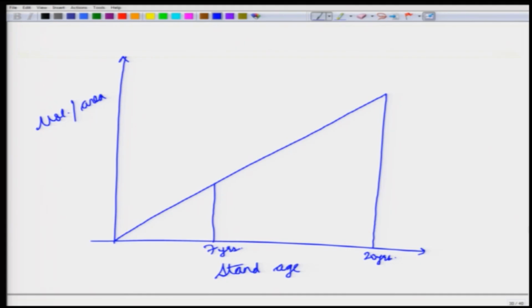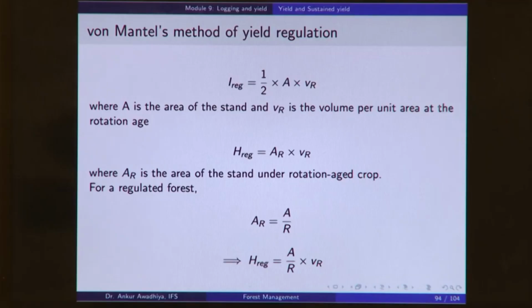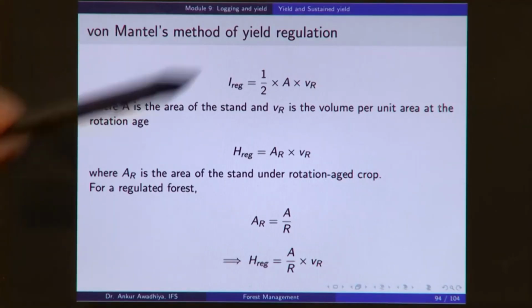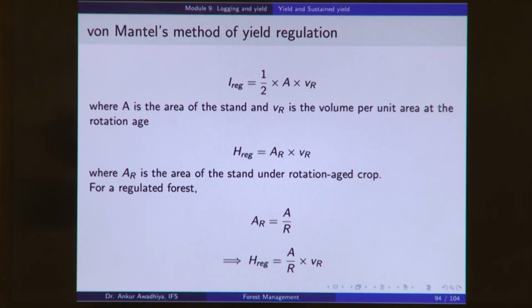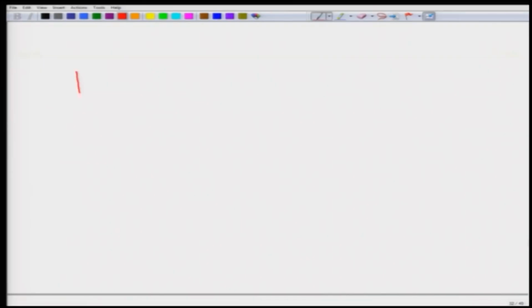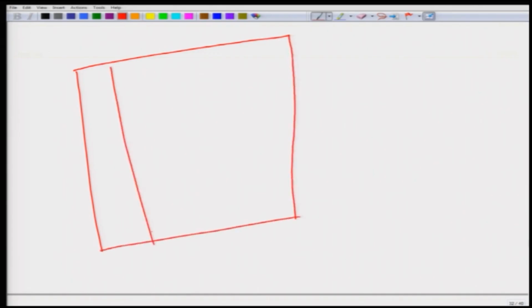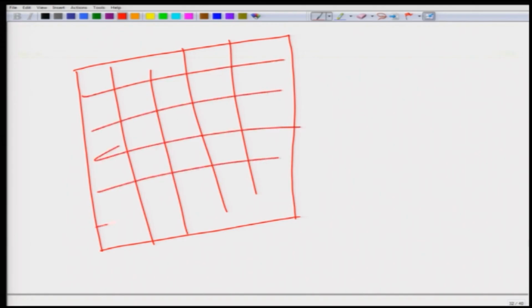Then it says what is the inventory of a regular forest. Now, this method is trying to build upon Hundeshagen's method. The forest is divided into a number of sections, and every year we will be working on one particular portion, which is the coupe.